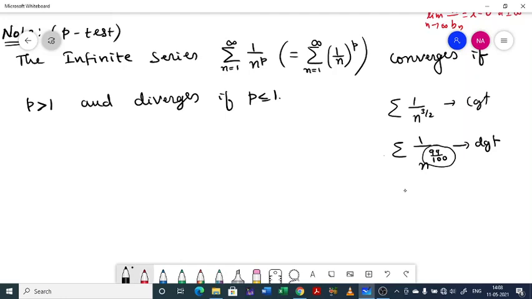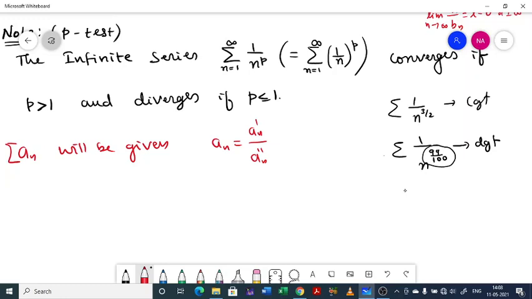So now I'll state that note. Summation an will be given. Usually this an will be of the form an dash by an double dash, that is, in a numerator by denominator fraction form.